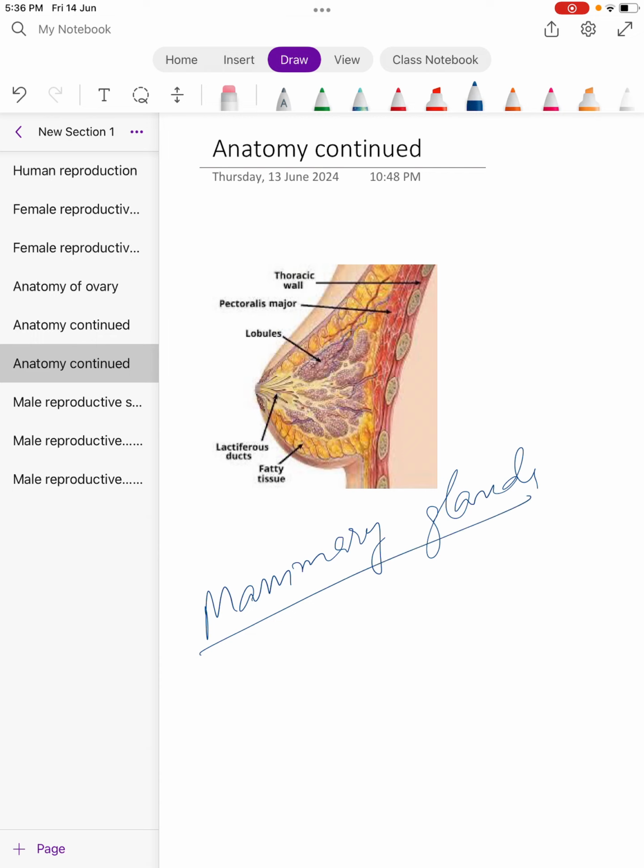Okay, so mammary glands are the milk producing modified sweat glands, जो स्वेट प्रोड्यूस करते हैं, पसीना जिससे आता है. So these are the modified sweat glands which occur inside the thoracic cavity called the breasts.